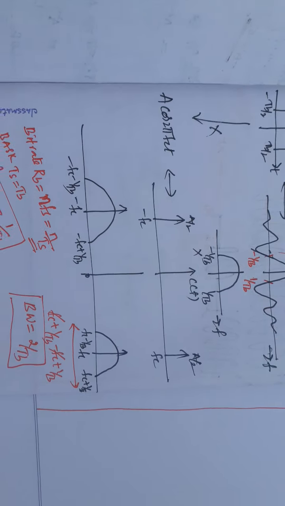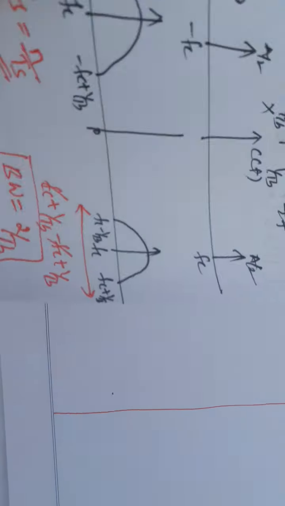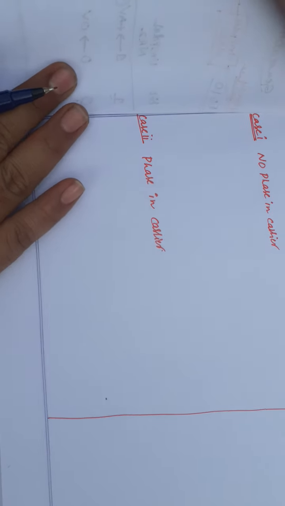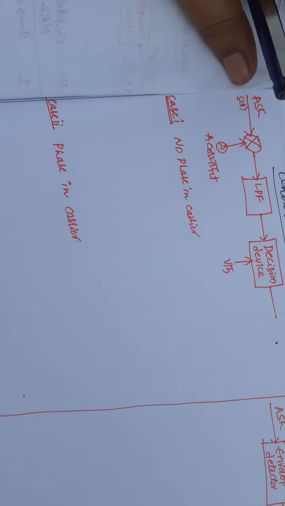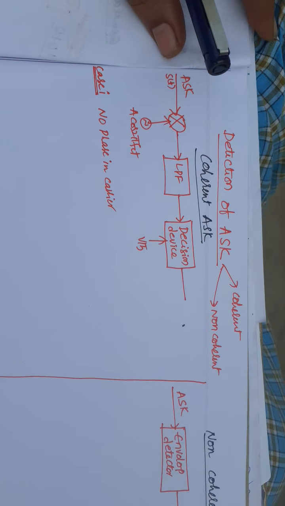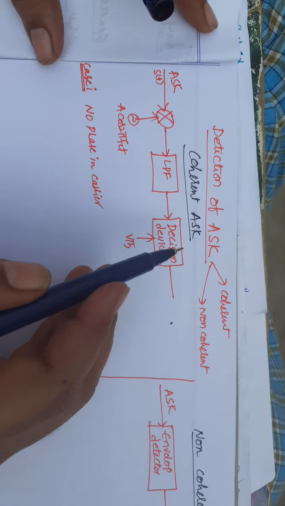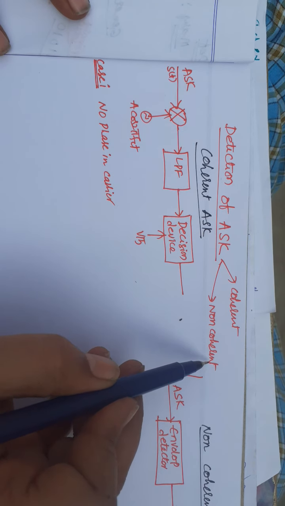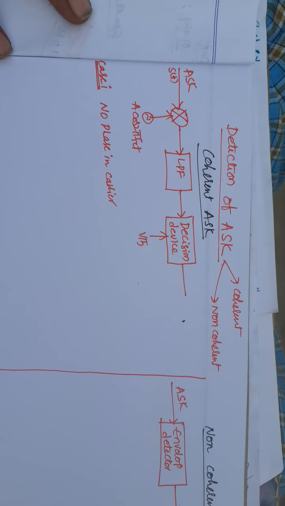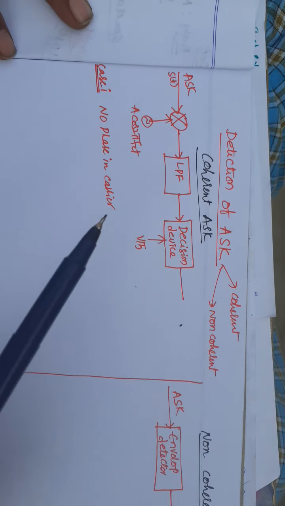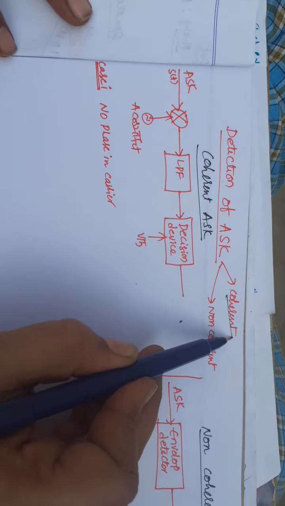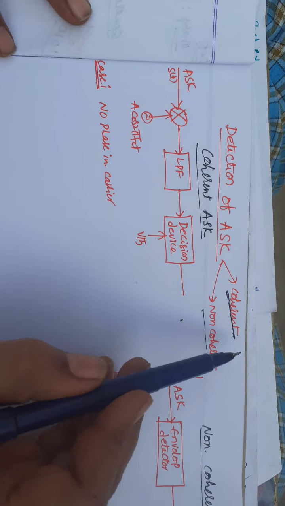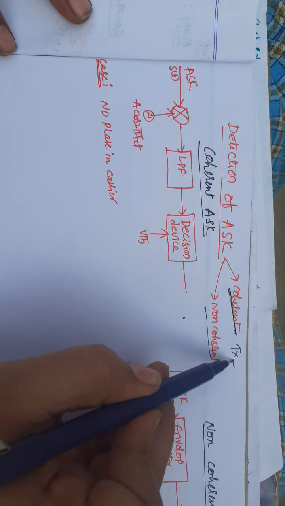Now we can see the detection of ASK. Detection of ASK has two methods. One is coherent detection, another one is non-coherent detection, right? What is the difference between coherent detection and non-coherent detection? I already said, coherent means synchronous between transmitter and receiver.